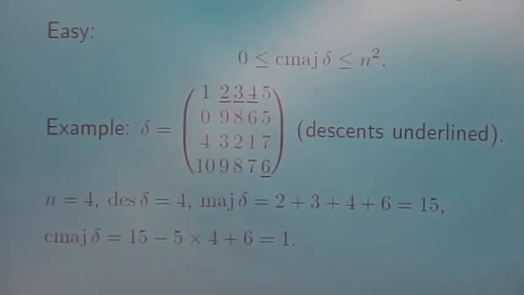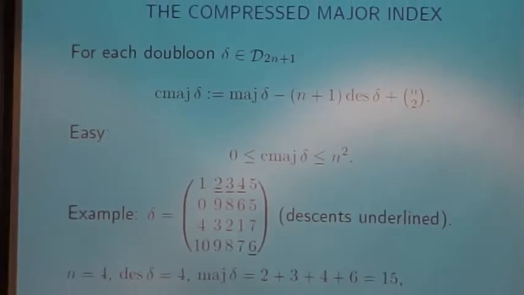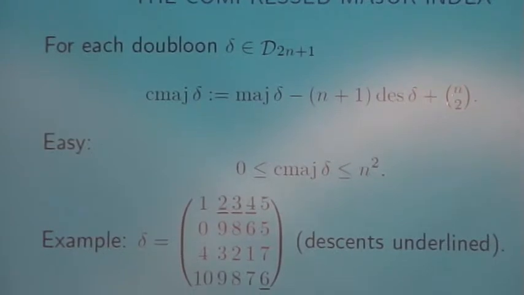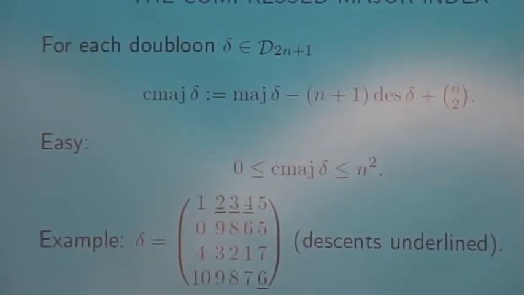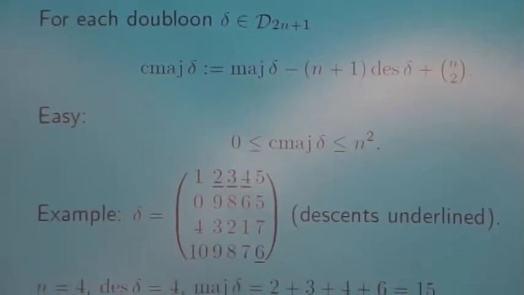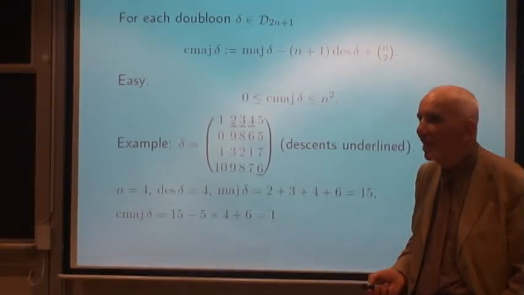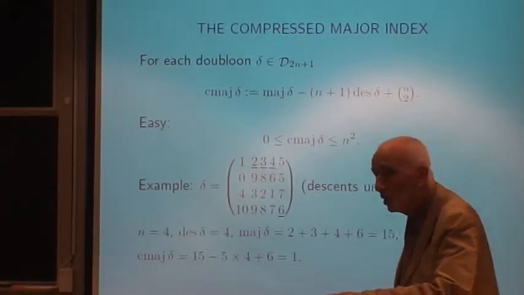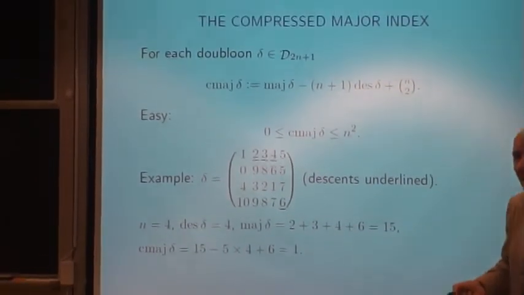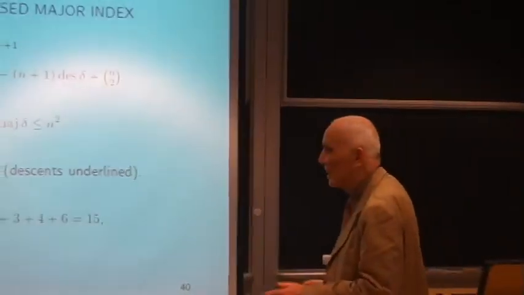And to compress, you have the formula here. The major minus (n minus 1) times 4, that is minus 5 times 4, plus n choose 2. N choose 2 is 4 choose 2, which is 6. So the compressed major is 1. Is it equidistributed and natural? Okay, now with the proposition coming on, it's a weak theorem coming.